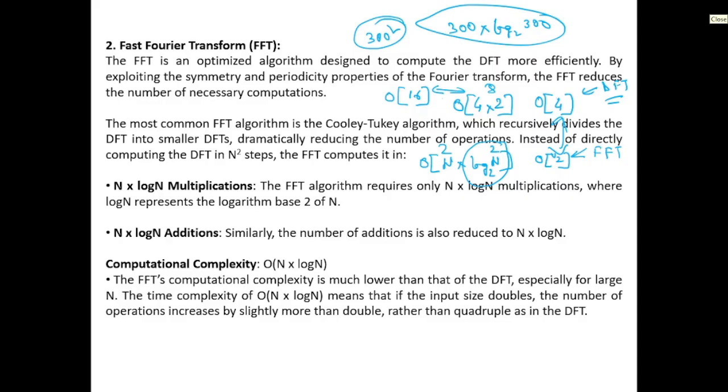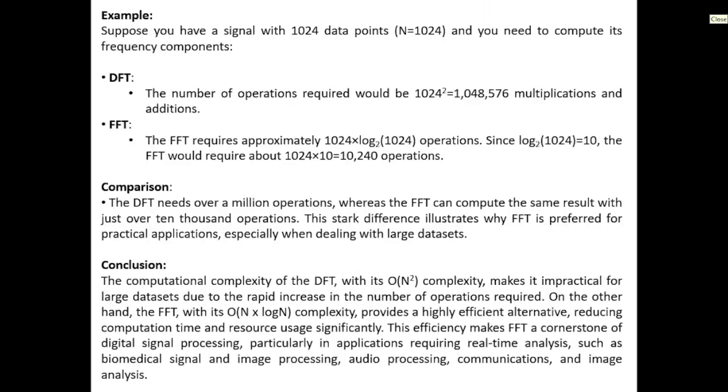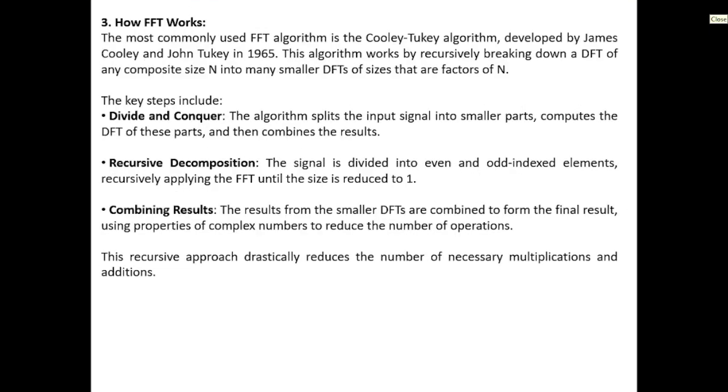So from here we can see that FFT allows us to handle a larger number of data points in much lesser time. That means the computational complexity decreases. Now, how does it achieve a superior computational time?